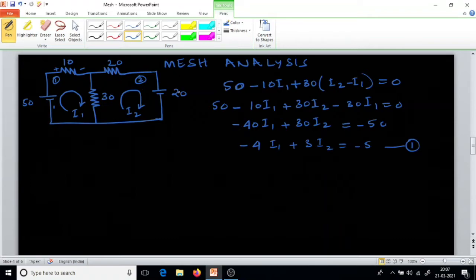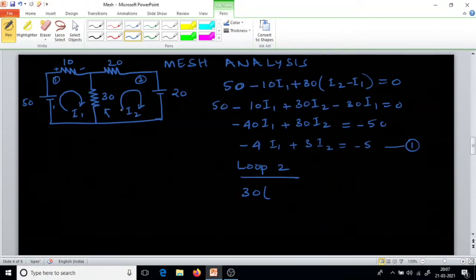Now I'll write the second loop equation. Loop 2, I will start from here along the current direction. This resistor belongs to both the meshes, so I'll write plus 30. Since it's the first term, there's no need to write the plus sign.